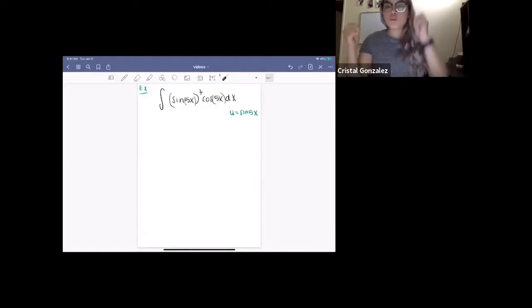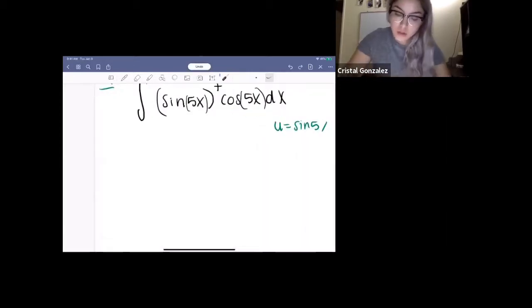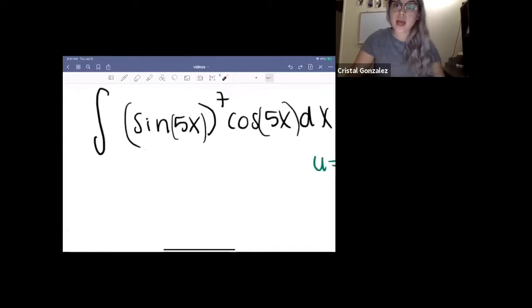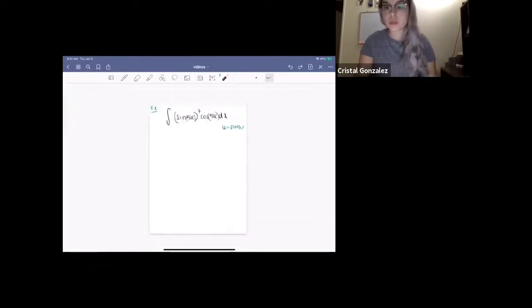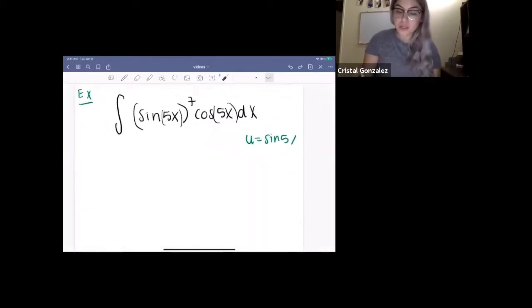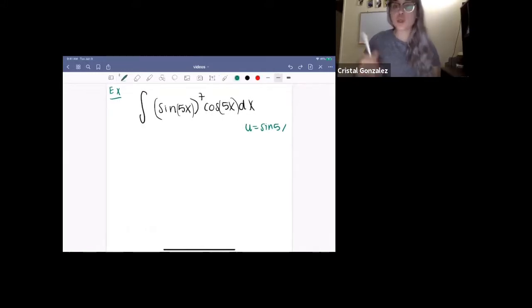But you want to make sure that when you take the derivative of whatever you let u equal, it's all here. Okay, it has to be in here or it will not work. Okay, so let's continue. I'm going to let u equal sine of 5x. So this is going to be our u inside here.